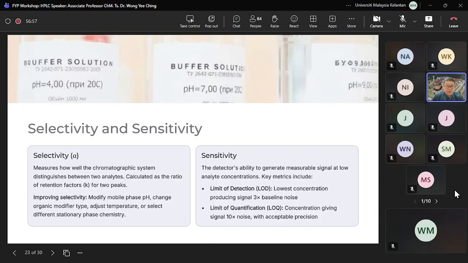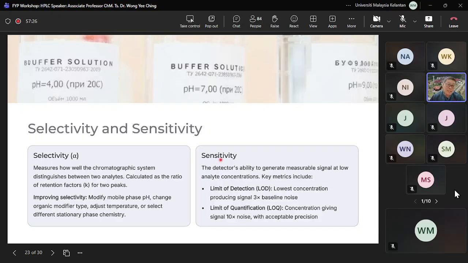Sensitivity is the detector's ability to generate a measurable signal at low analyte concentration. The higher the sensitivity, which means that even with only bits of analyte, it can detect straight away. The lower the concentration it can detect, the more sensitive this setup is.